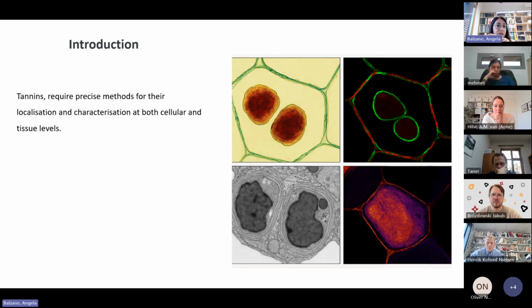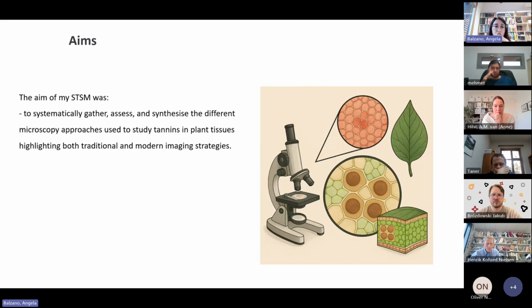Tannins identification requires very precise methodology to characterize them at tissue level. And as I told you, the aim of my short-term scientific mission was to review all the different microscopy methodologies that can allow the identification and the characterization of tannins.